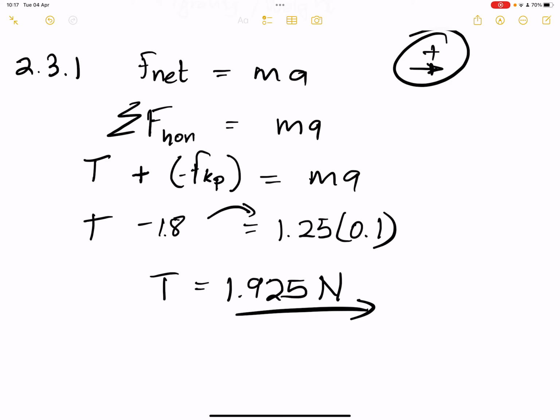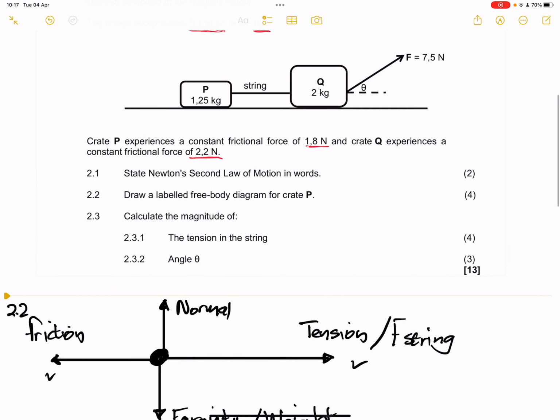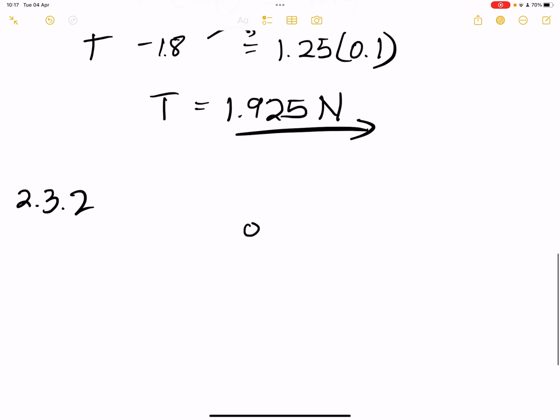Okay, right. So let's go on to the next question. Now they want us to calculate the angle theta. So obviously now we're going to be looking at crate Q, and I want you to please note that we've got an applied force there. They didn't say we should draw the free body diagram, but I always consider it to be good practice to do so.